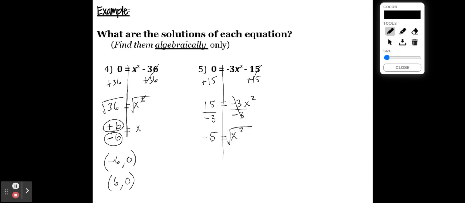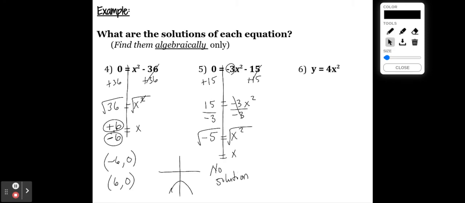Taking the square root. Cannot take the square root of a negative number, so no solution. You won't have any solutions. So that means that, remember, the parabola, in this case, being that the a value is negative, it's going to be kind of somewhere down here. It's going to be opening downward, but it's not going to touch the x-axis at all.